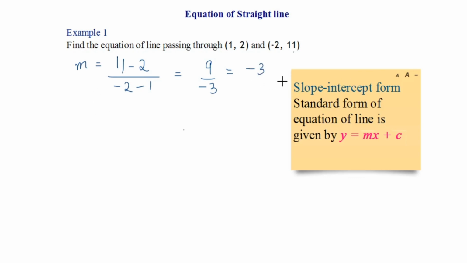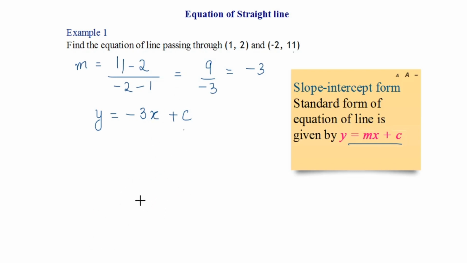Let's substitute this value of m in this standard form. So I get y = -3x + c. How to find this value of c? We know that this straight line passes through 2 points, (1, 2) and (-2, 11), which means the coordinates of either of these points would satisfy this equation, correct?